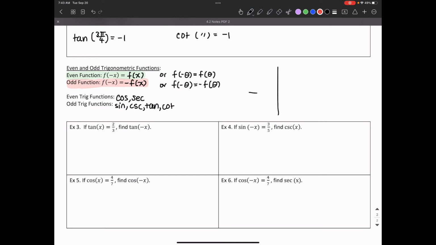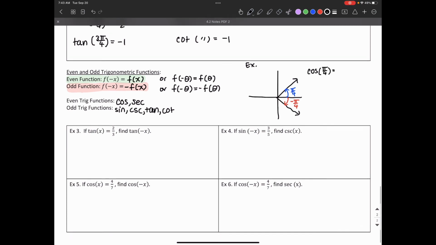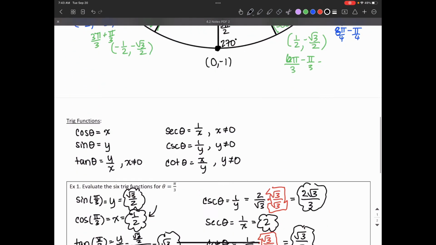Let me show you what this means. For example, if I was talking about pi over 4, this angle pi over 4, and this angle negative pi over 4, if I plugged in this, it would be the negative version of this. If I did cosine of pi over 4, I know from the unit circle it is square root of 2 over 2.